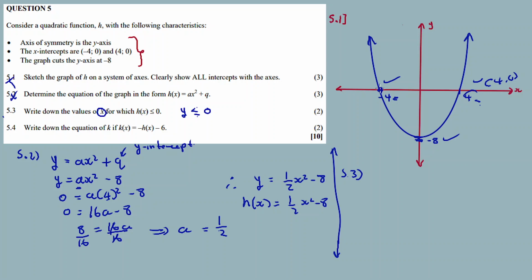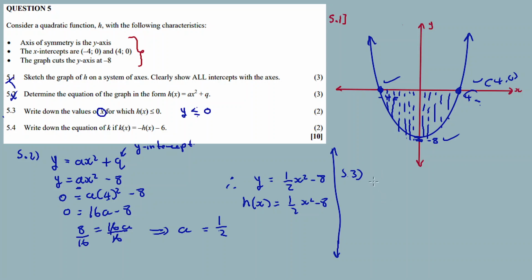I can see that at -4 y is 0. It's the x-intercept, as well as this 4. Anything between them I get a negative y. Anything up to positive 4 as well I get a negative y.